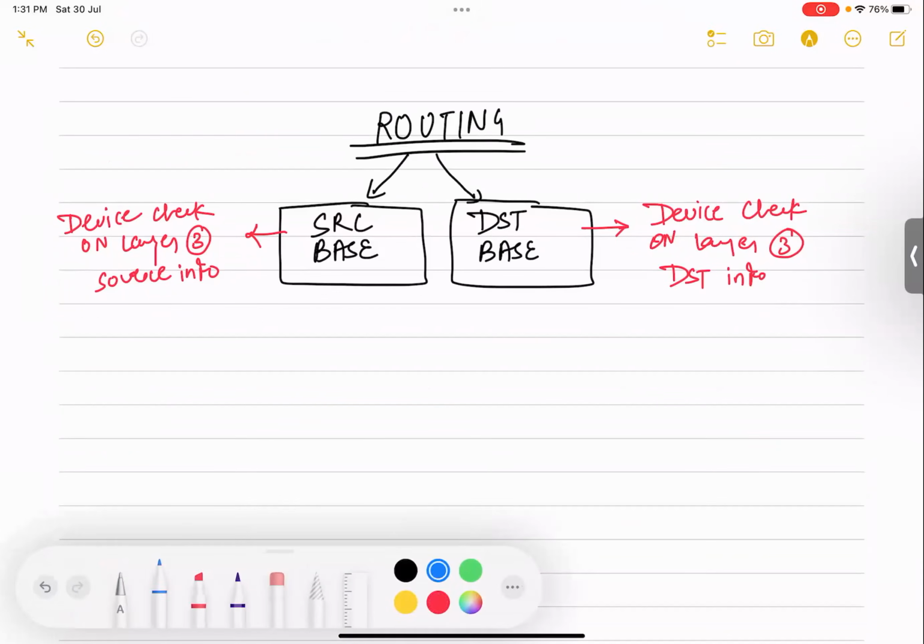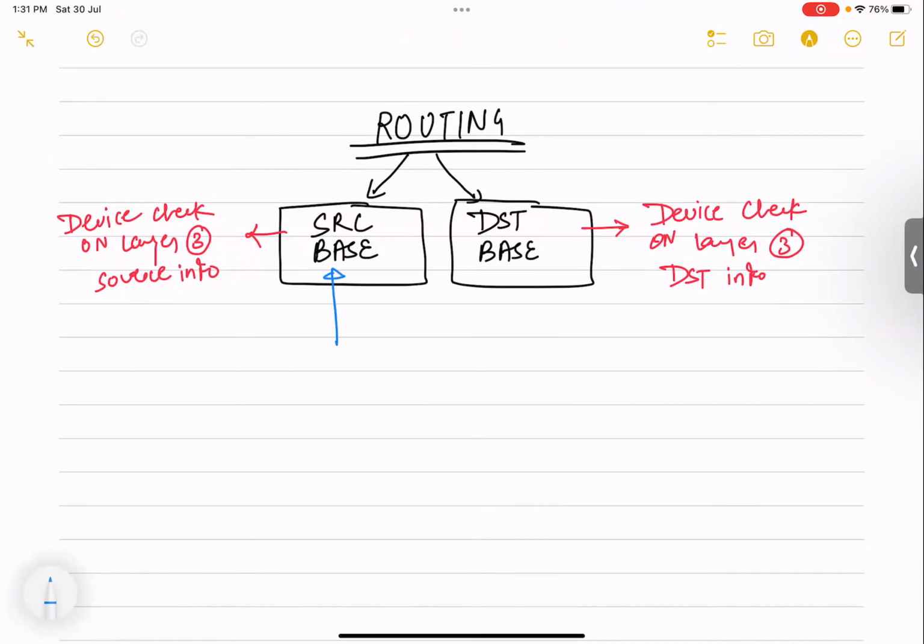One point: source based routing we can perform with the help of policy. Destination based routing we can perform via static routing, default routing, or dynamic routing.